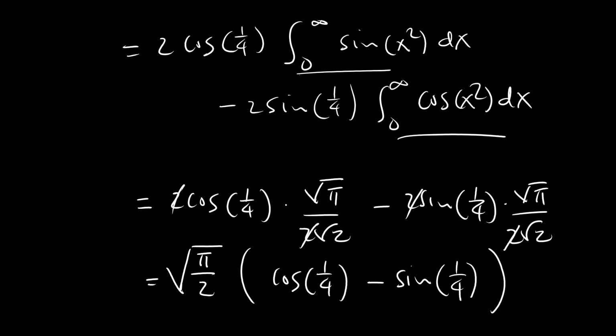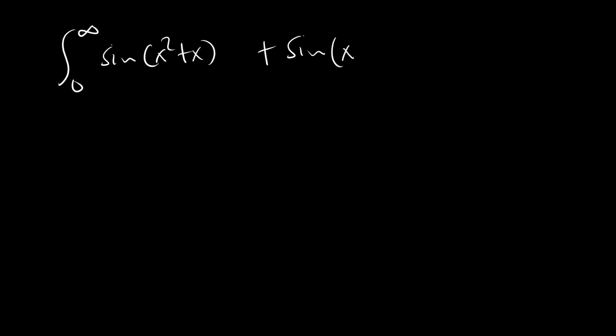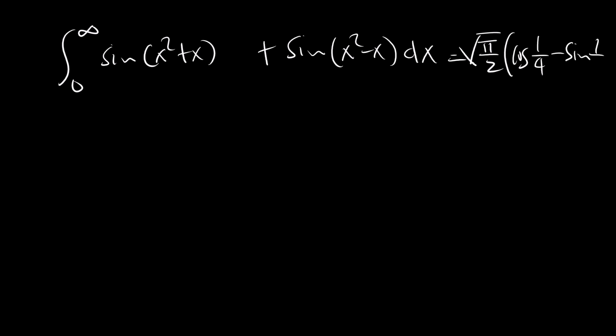And that means that our original integral from 0 to infinity of sine of x squared plus x plus sine of x squared minus x is equal to root pi over 2 times cosine of a quarter minus sine of a quarter.